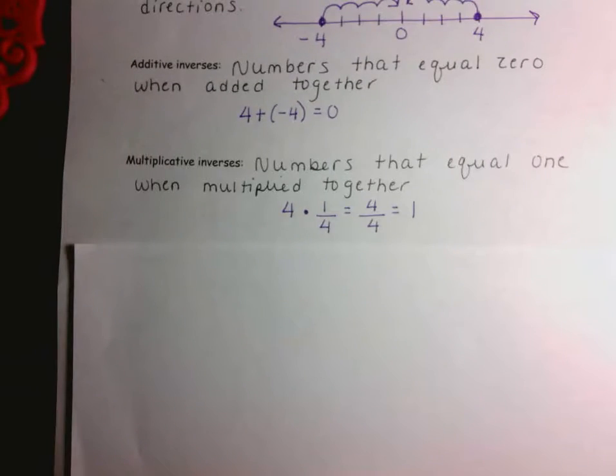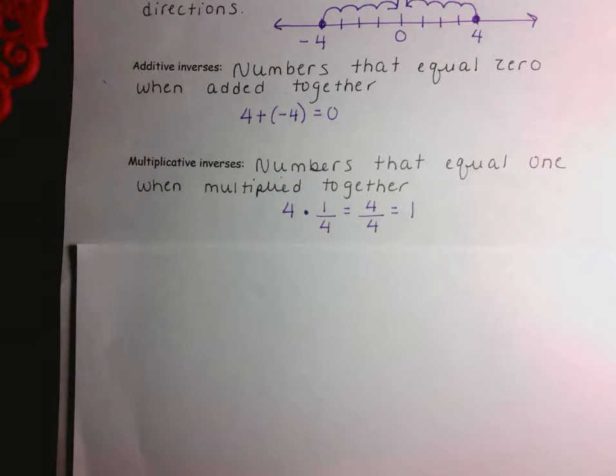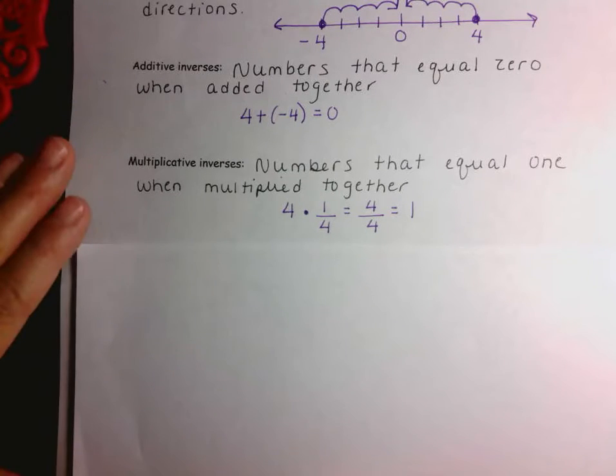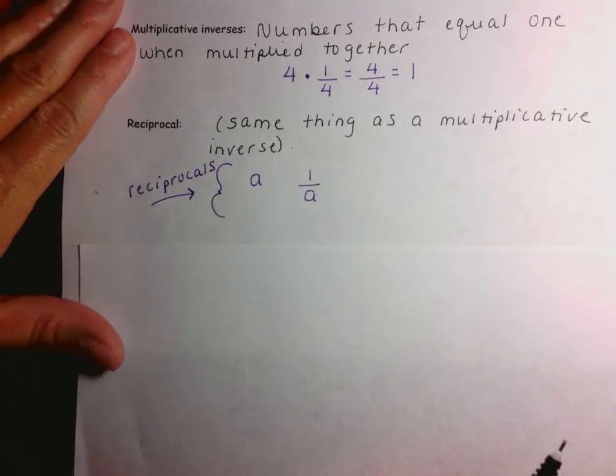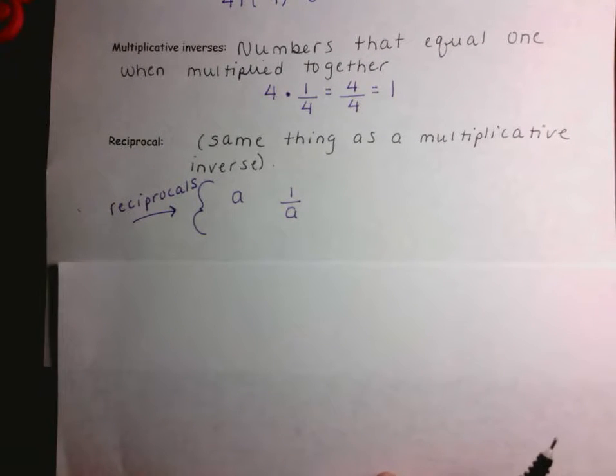Multiplicative inverses are numbers that equal 1 when multiplied together. So 4 and 1/4 are multiplicative inverses because when you multiply them together, you get 1. And finally, a reciprocal. A reciprocal is the same thing as a multiplicative inverse. So 4 and 1/4 are reciprocals.